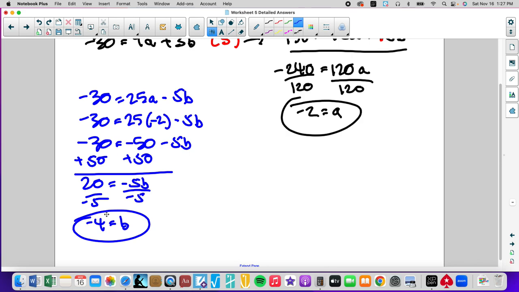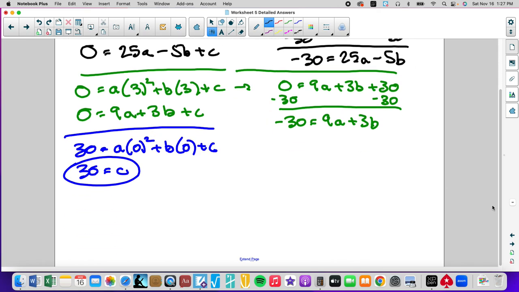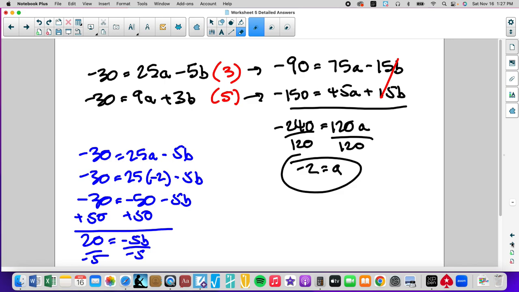So my a is negative 2, negative 2 equals a. I don't like that, that looks weird. And my b is negative 4. b is negative 4.